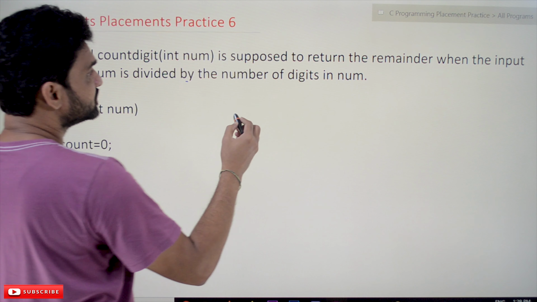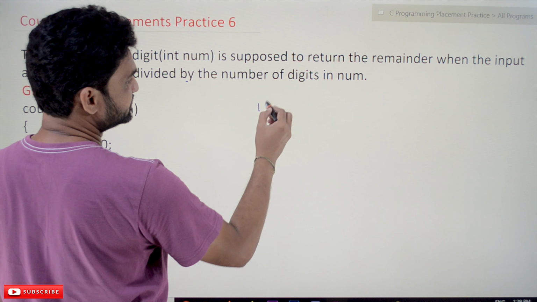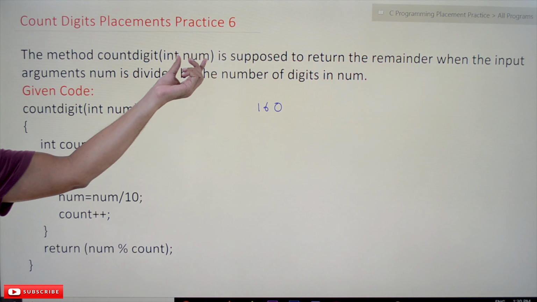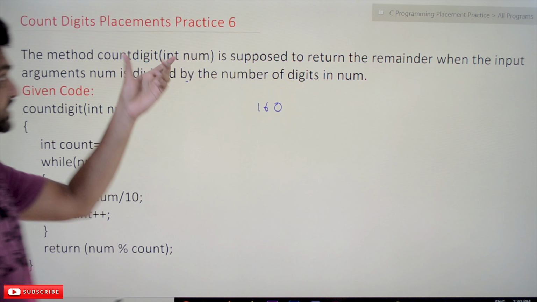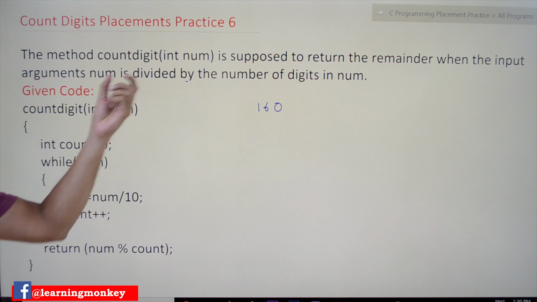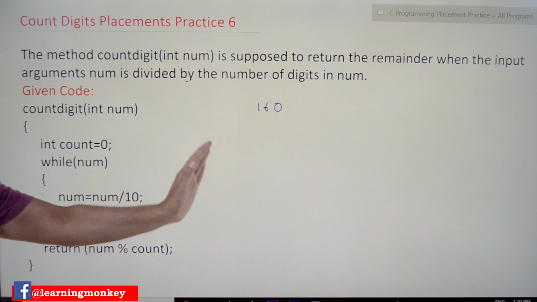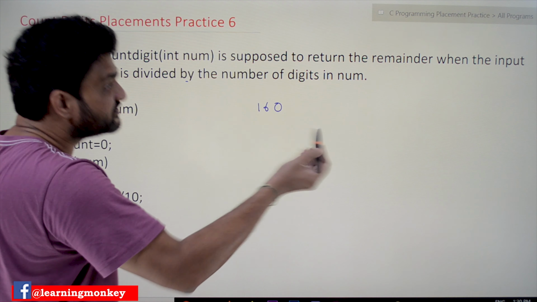For example, if num is provided as 160, the countDigit function is going to return the remainder when the input argument num is divided by the number of digits in num.